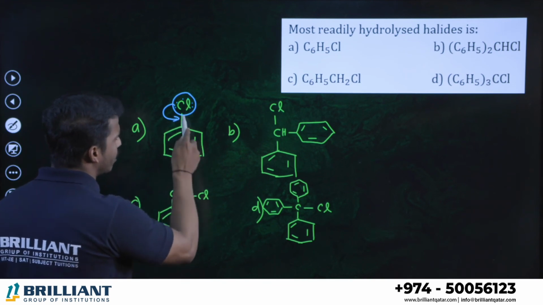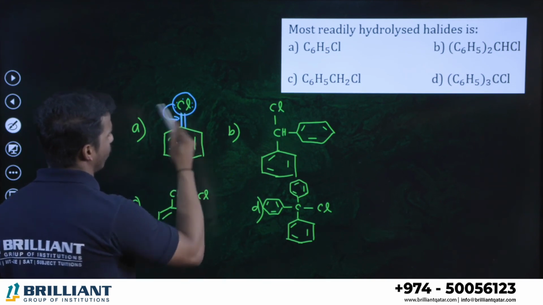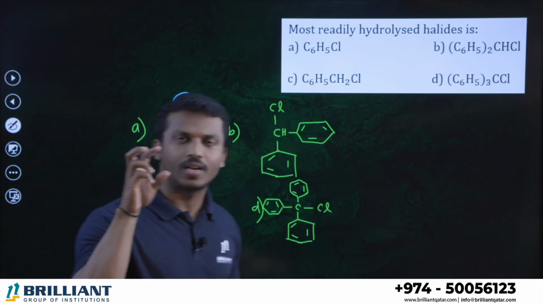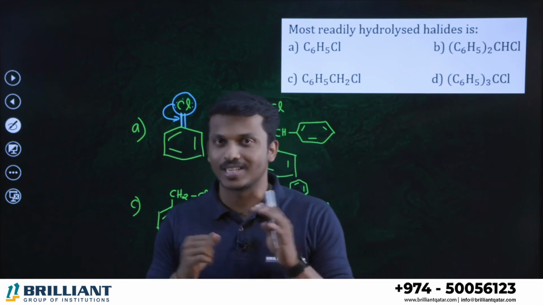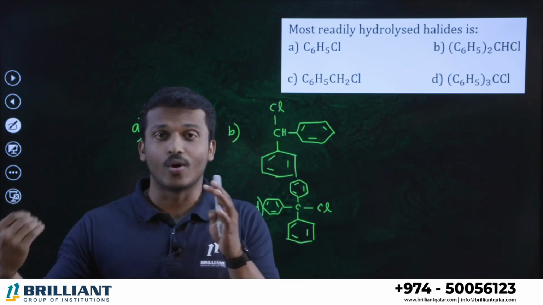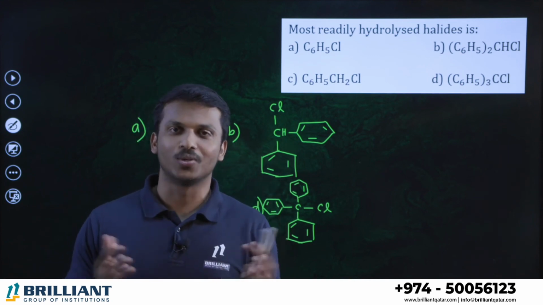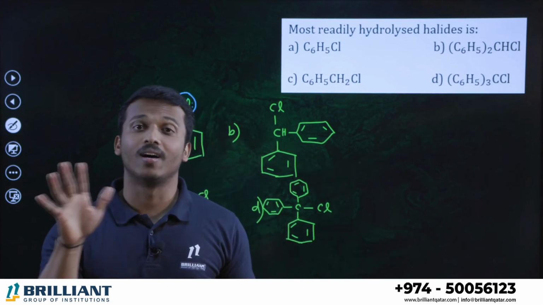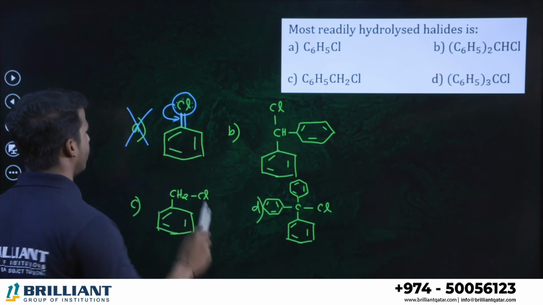By drawing the resonance, you can see a double bond generating between this carbon and chlorine. Because of the partial double bond between the carbon and the halogen, and a double bond is a stronger bond, we cannot break it fast. When the halogen leaves, only then can the nucleophile come, and the formation of carbocation happens. So in haloarene, the removal of halogen is difficult, so definitely it cannot undergo reaction faster.